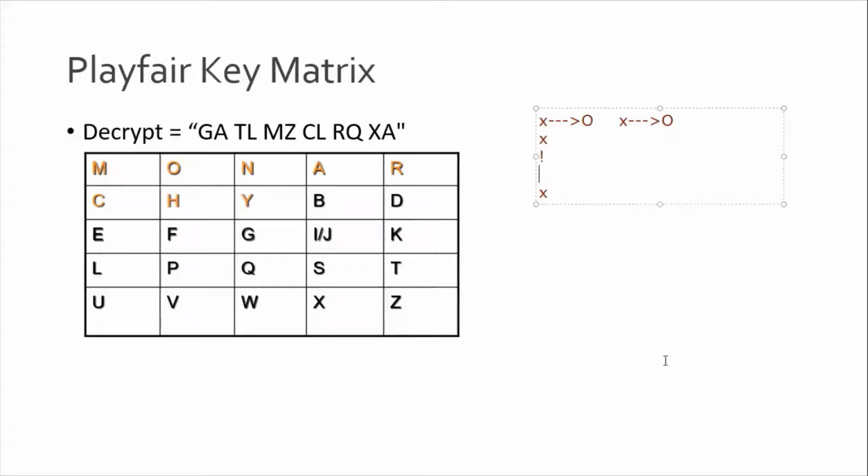Below the characters. Okay, I'm going to write here for you. This is rule number 2. If in the same column, then we have to write the letter below it.